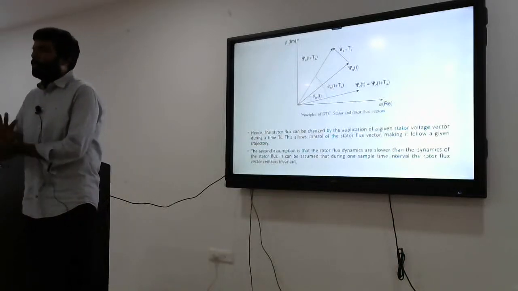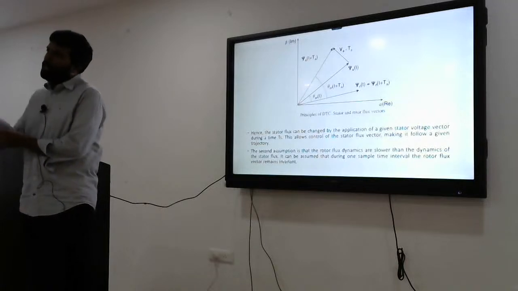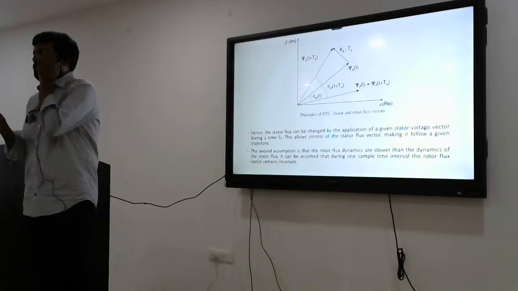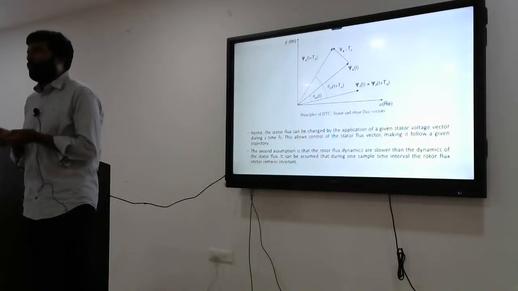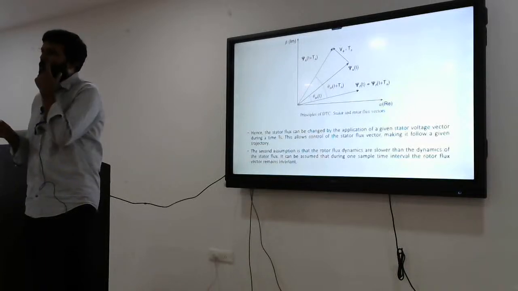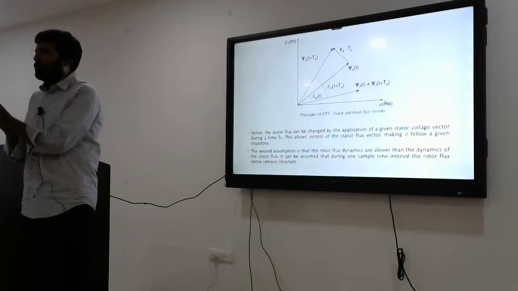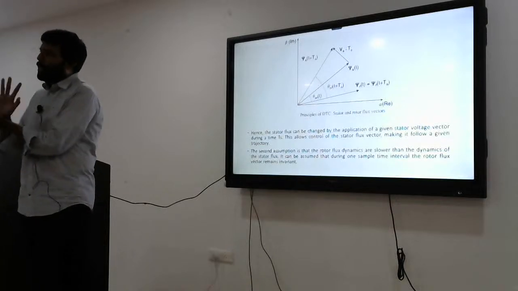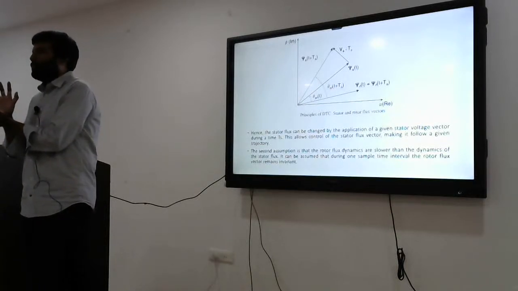If the machine is operating in generating mode, the rotor flux leads the stator flux. Clear? In an induction or synchronous machine in motoring mode, the stator flux is dominating and leads the rotor flux. Otherwise, in generating mode, the rotor flux leads the stator flux.